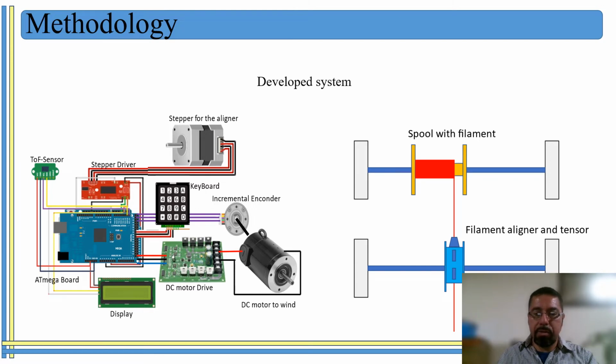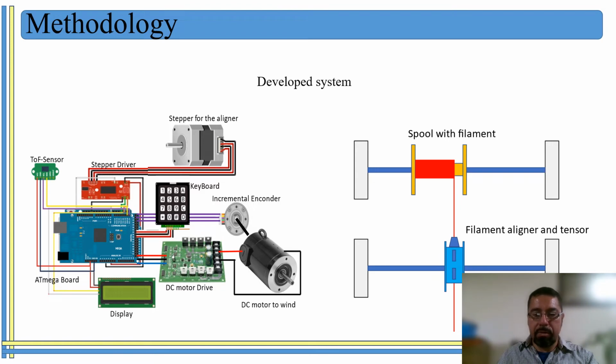And on the picture on your left, you can see the parts that are involved with the construction of this equipment. For example, we have step motors, which are used for the aligner car, and then you can see a DC motor connected to an incremental encoder, and this one is used to wind the optical fiber.